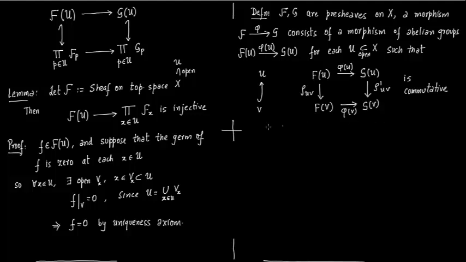For every pair of open sets V contained in U, you have something like this. If F and G are sheaves instead of presheaves, we end up using the same definition for a morphism of sheaves.